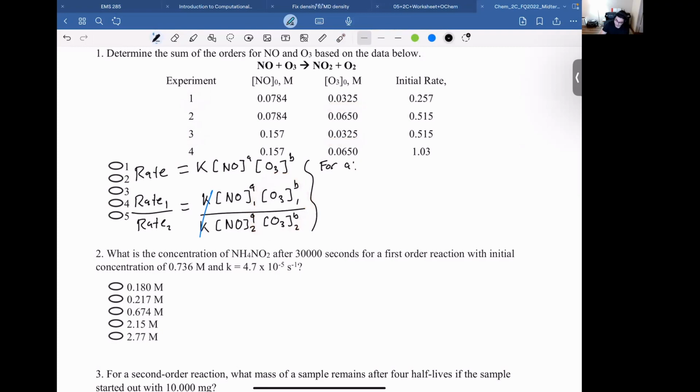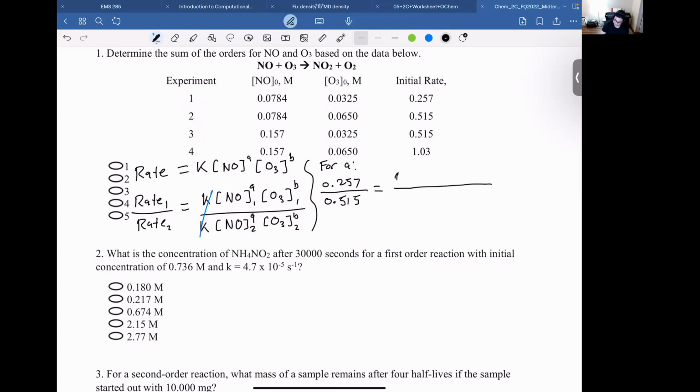For A, I'm going to plug in the first rate for experiment 1. It doesn't matter whether you put it on the top or the bottom. But this is 0.257. For the third one, it's 0.515. The K's went away, so I won't write those in.